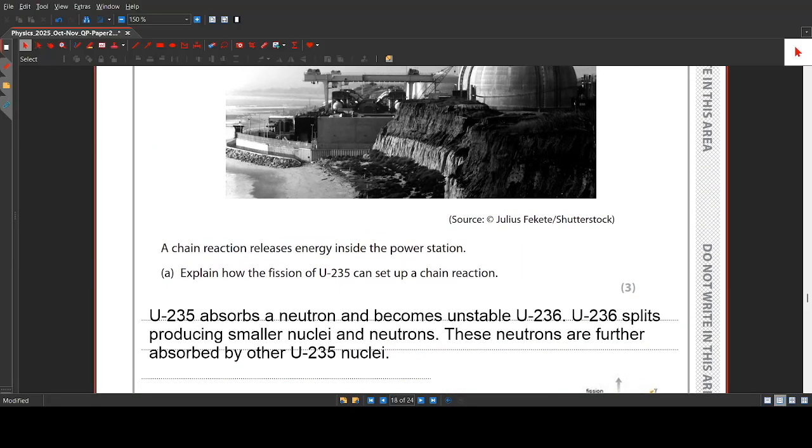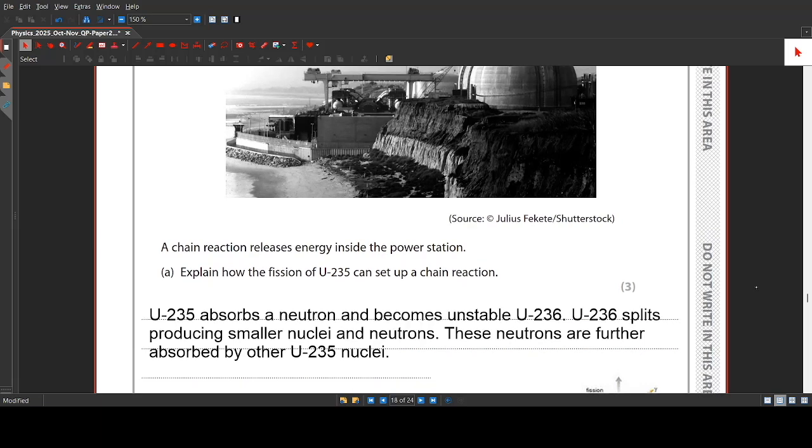These neutrons are further absorbed by other uranium-235 nuclei, which then become uranium-236 and then release more smaller nuclei and more neutrons, which are then further absorbed by other uranium-235 nuclei. And the process repeats. That is how a chain reaction is developed inside a nuclear reactor, and that is mainly the source of the immense amount of energy produced from nuclear power stations.